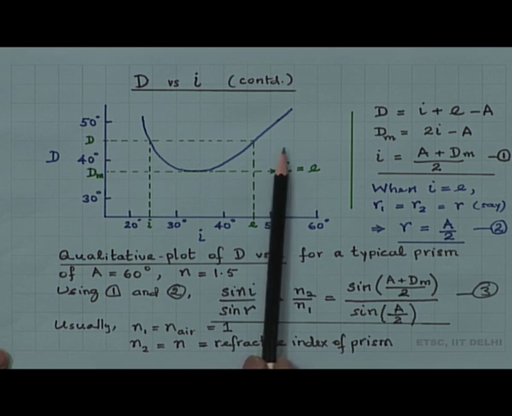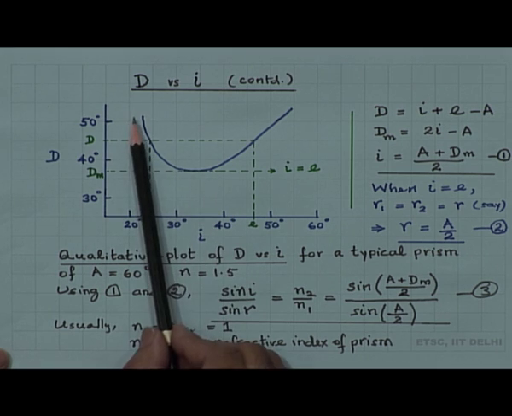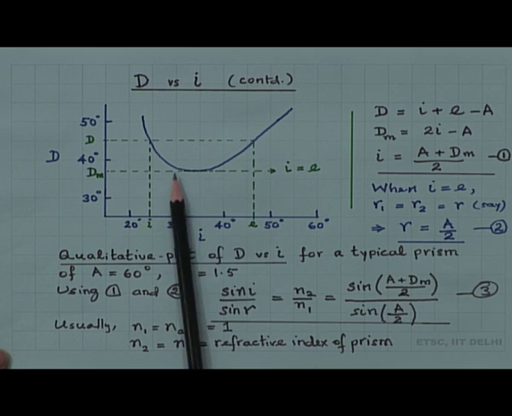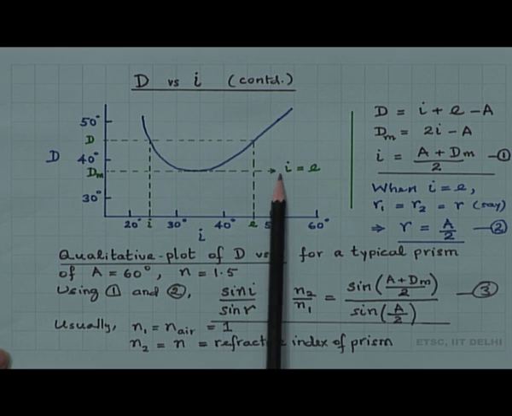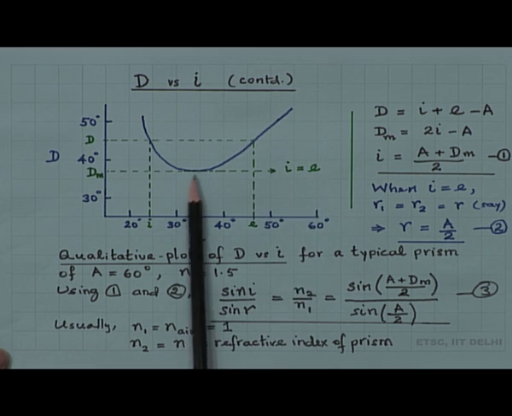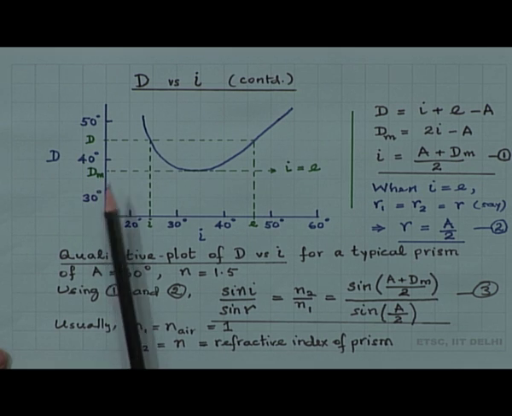However, if we come down, there is a point here where the deviation passes through an extremum. This is the minimum. At that point I is equal to E, because there is only one value of the angle of incidence, and the corresponding angle of deviation is called the angle of minimum deviation.